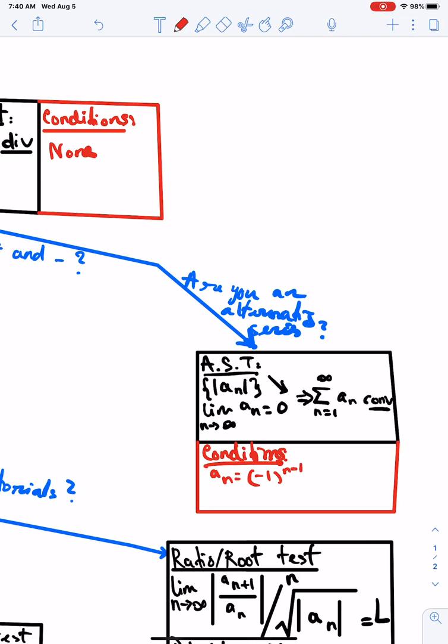Because I want it to alternate between negative and positive. Sometimes you can also have (-1)^n, depending on the context of the problem. And you want c_n to be bigger than or equal to 0. Okay, so less than 0, not going to be alternating that very well. So if it satisfies the condition, then you have an alternating series.